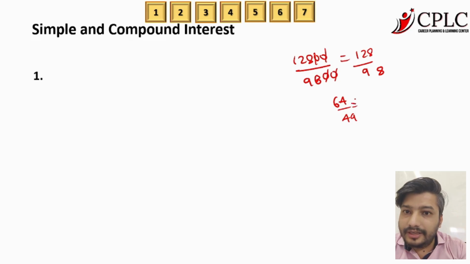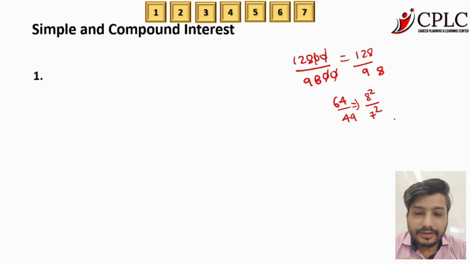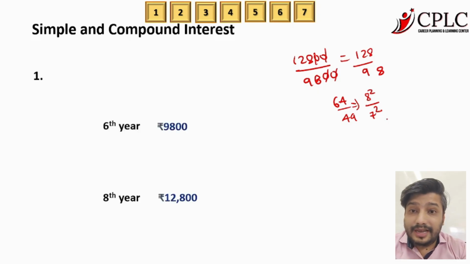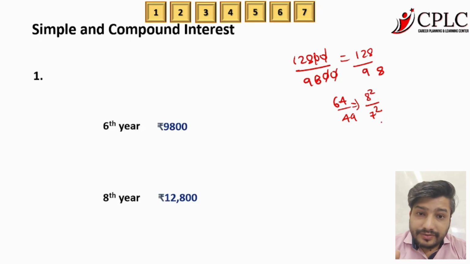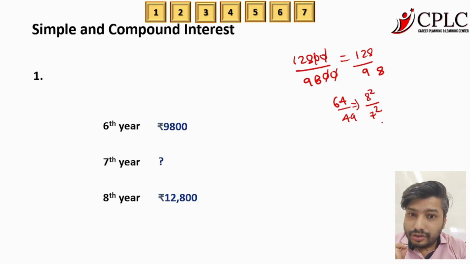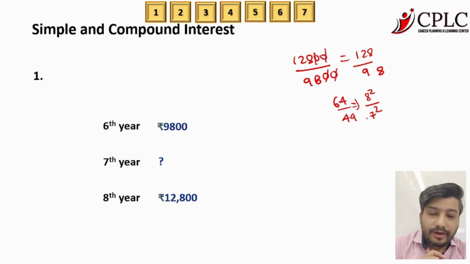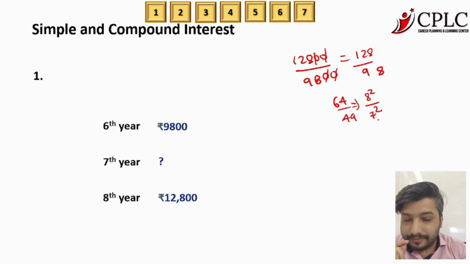These are very special numbers, 8 square and 7 square. The reason this happens is that because we have skipped 1 year, the ratio is always going to be a perfect square. So you can split it into two equal numbers, 8 by 7 and 8 by 7.